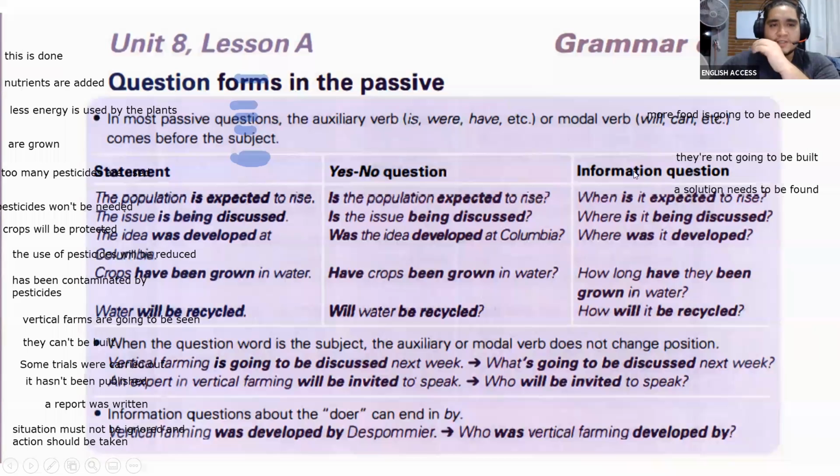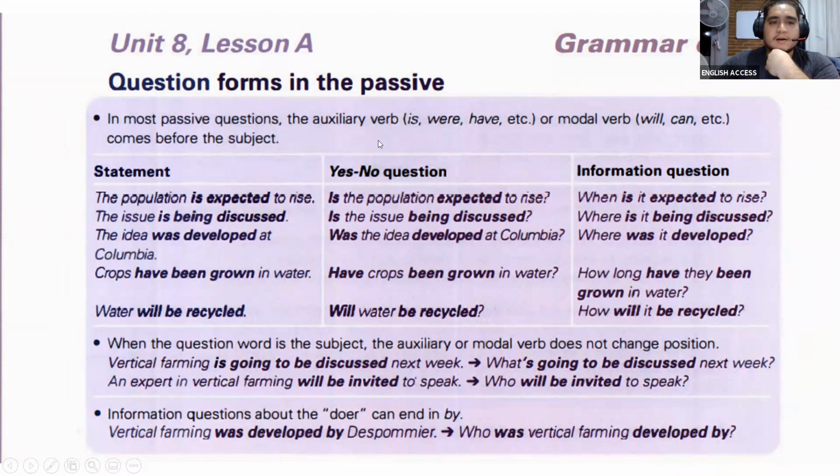All right, now page 85. This is another grammar chart. It's called Grammar Extra. Now we have the question forms in the passive. In most passive questions, the auxiliary verb, is, were, have, etc., or modal verb, will, can, etc., comes before the subject. Now we have examples here.